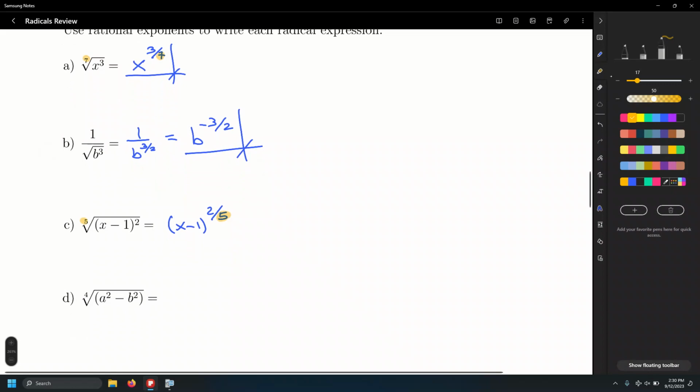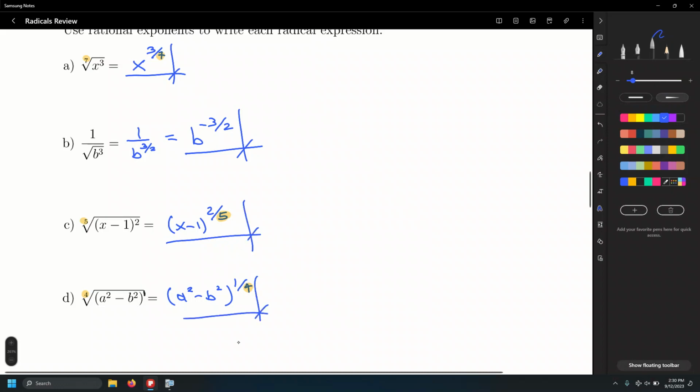Be careful here, because right here there's an invisible 1 power. So that's going to leave us with a squared minus b squared raised to the 1/4. And if you want to keep highlighting that index, which is the denominator of the rational exponent, keep doing so.